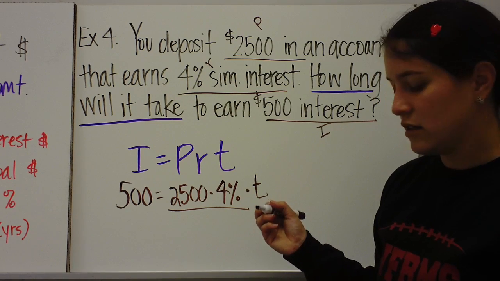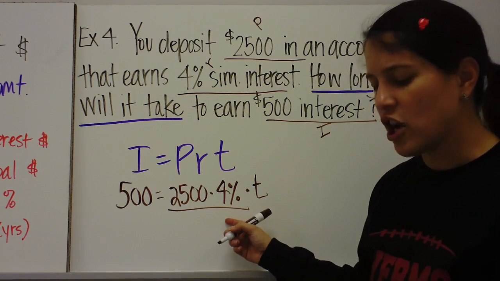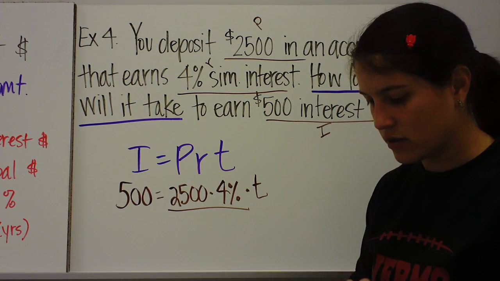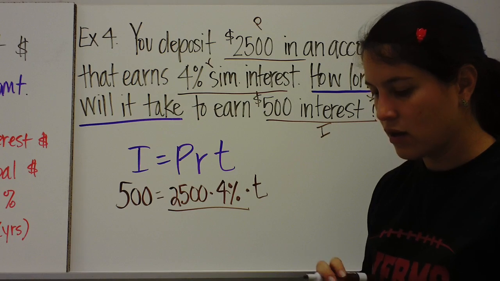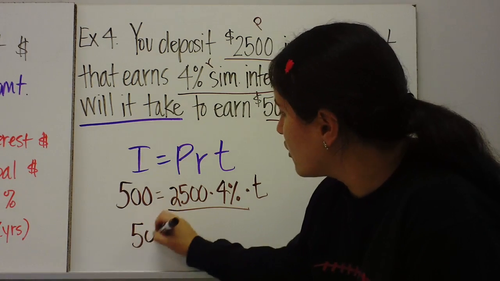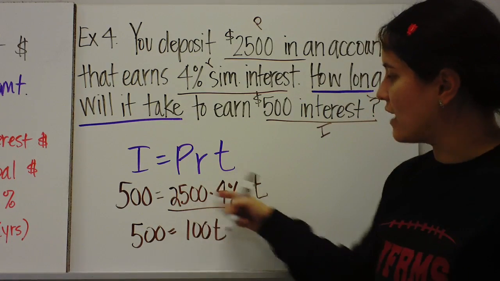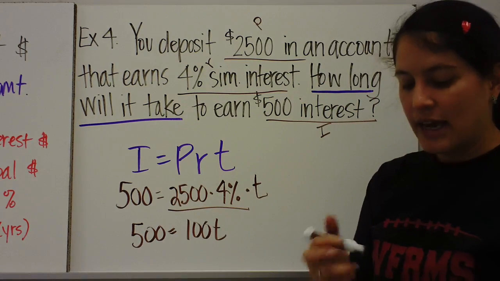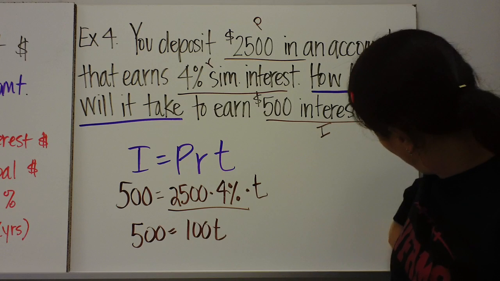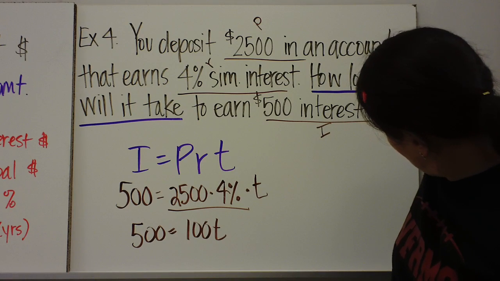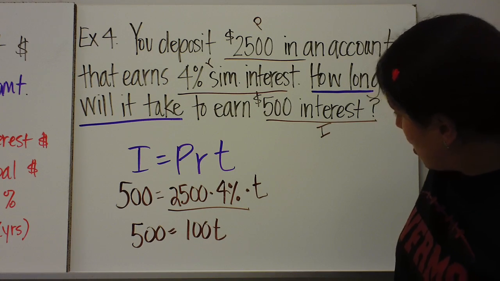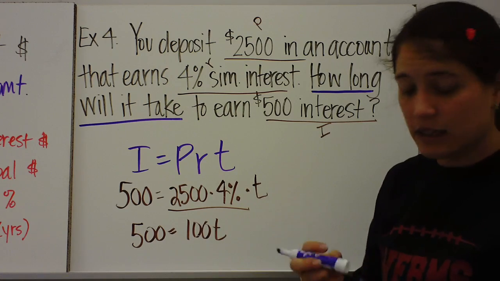And we get, did y'all get 100? Okay, 100. So 500 equals 100T, because that simplified to 100. Now, hopefully you remember that I need to undo 100T.